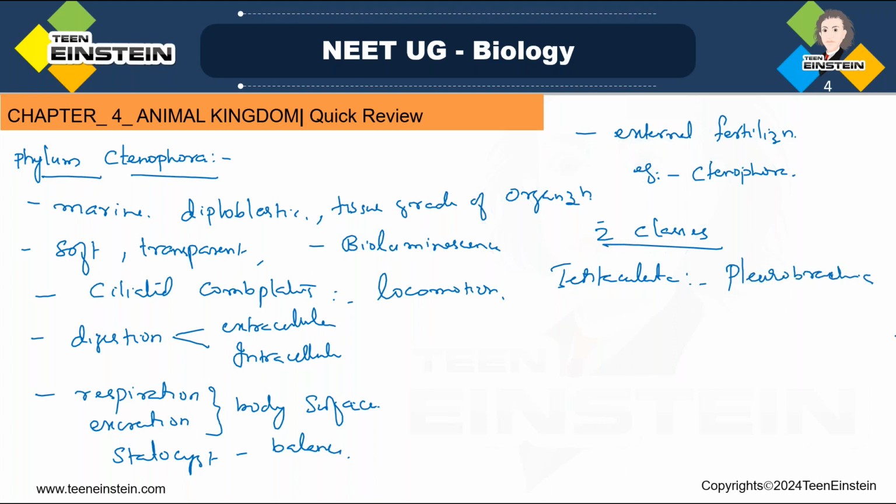That is the example for class 1, Tentaculata. Then another one, Nuda, for that, Beroe is the example. Sometimes this kind of example has come. All these characters which I have mentioned are previous year questions.